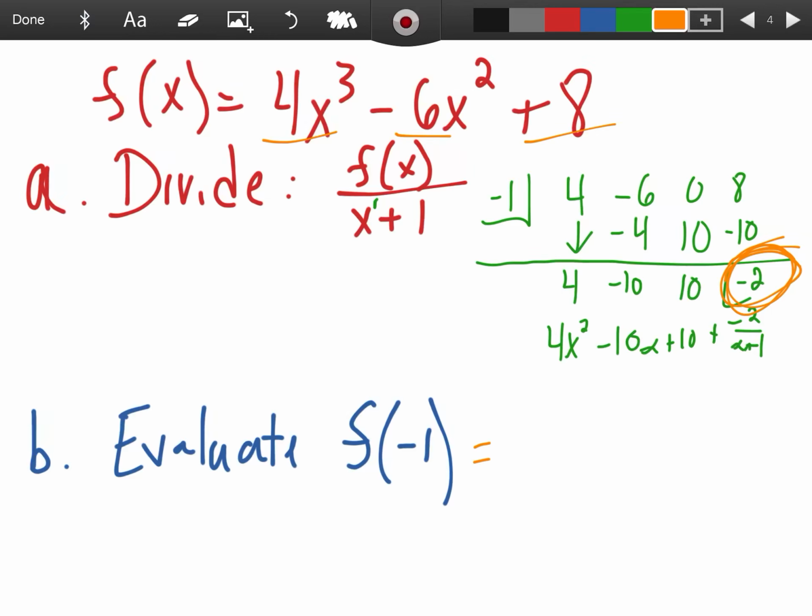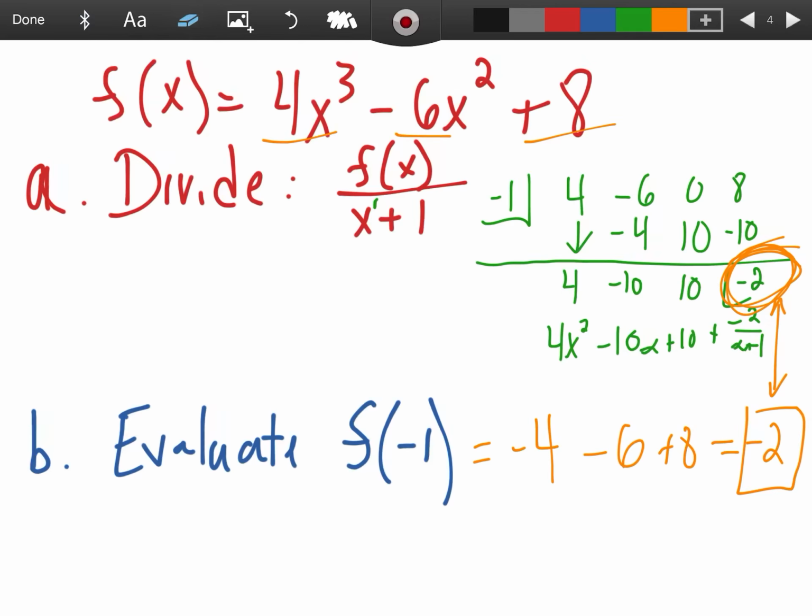Negative 1 cubed is negative 1, so the first term is negative 4. Then minus 6x squared: negative 1 squared is positive 1, so that's minus 6. And then plus 8. That's negative 10 plus 8, which gives me a negative 2. Look at how those values line up.